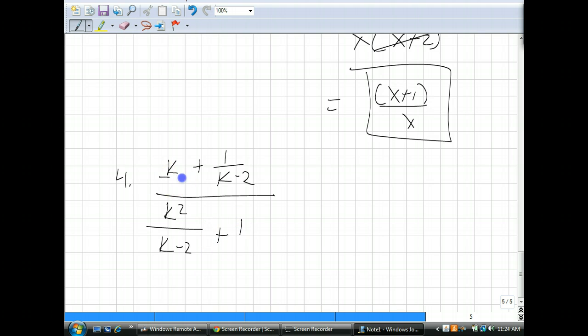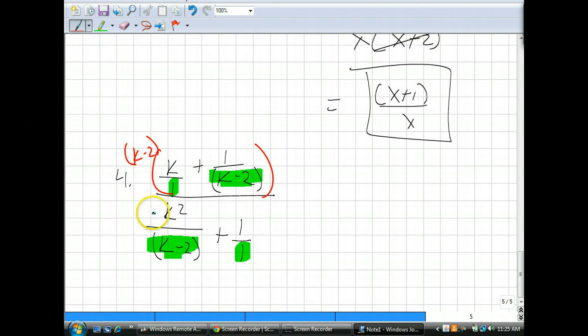Okay, first let's change everything to fractions here. Second, let's put these in parentheses. Then looking at each denominator, the least common multiple is going to be k minus 2. So we're going to multiply the whole top by k minus 2 and the whole bottom by k minus 2.